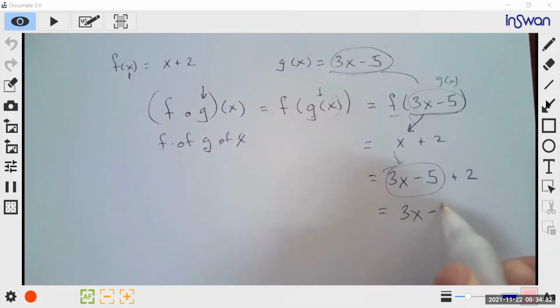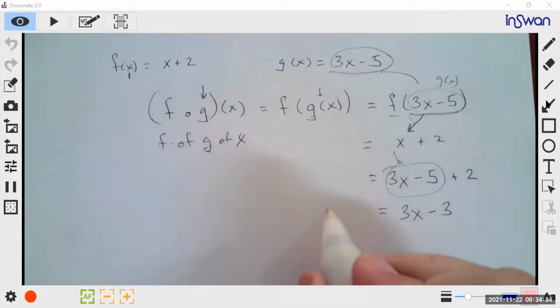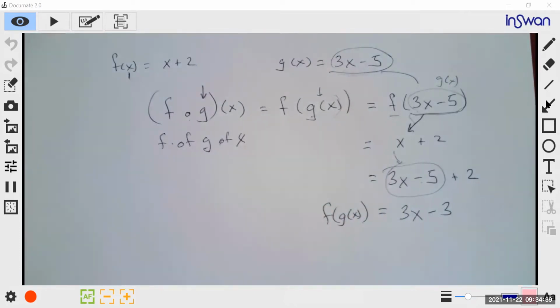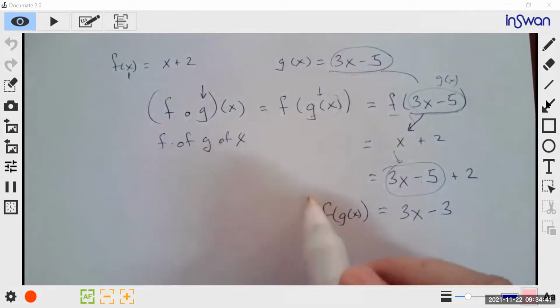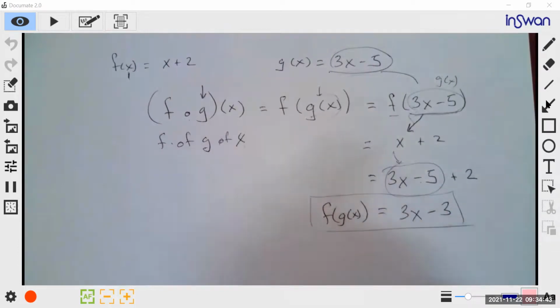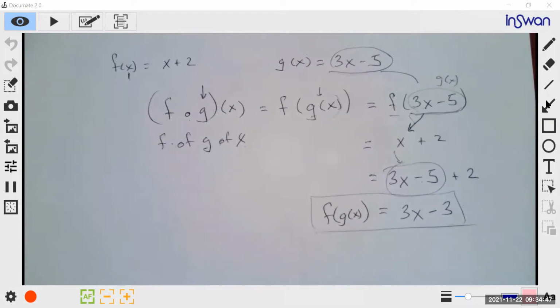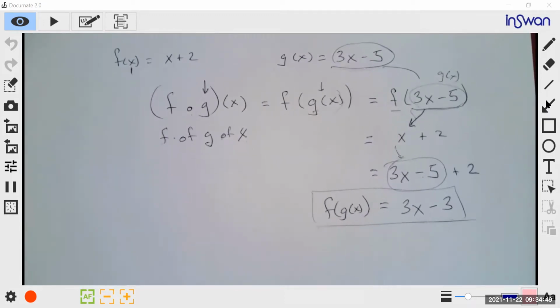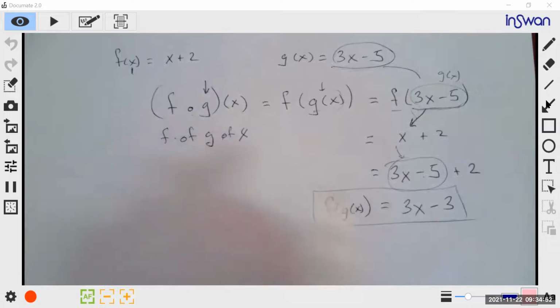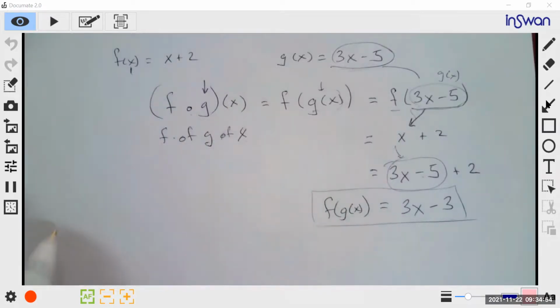Negative 5 plus 2 is negative 3. So that is my composite function f of g of x. Again, composite functions, you put one function inside another and you compound them. We're going to be using this concept in a very short while to prove that an inverse exists.